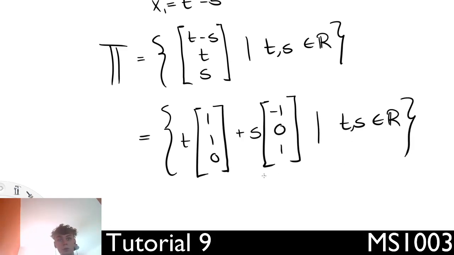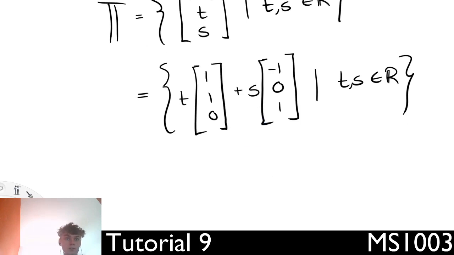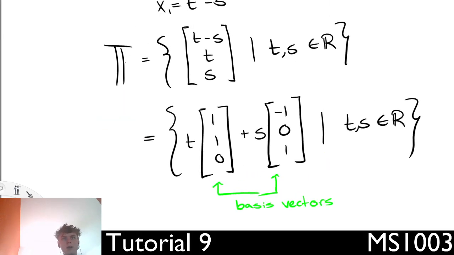Okay, so now we have the basis. We have the 2 vectors in our basis for pi. Because the plane pi is going to be the set of all linear combinations of these vectors. So I can take this one and multiply it by anything I want.